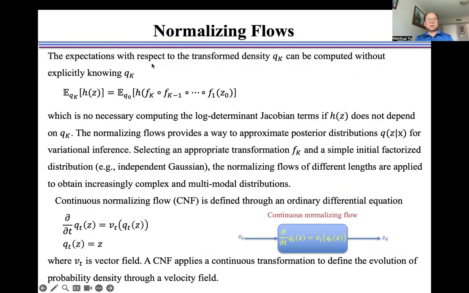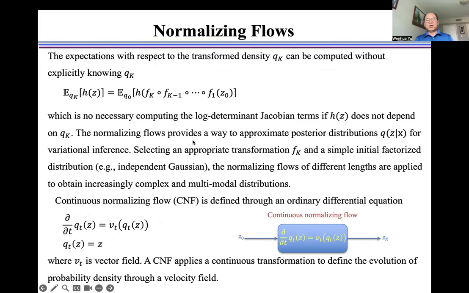The expectations with respect to the transformed density q_K can be computed without explicitly knowing q_K, as shown here. This is q0, which makes it unnecessary to compute the log determinant Jacobian terms if h doesn't depend on q_K.